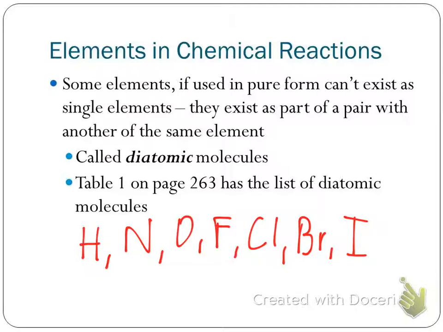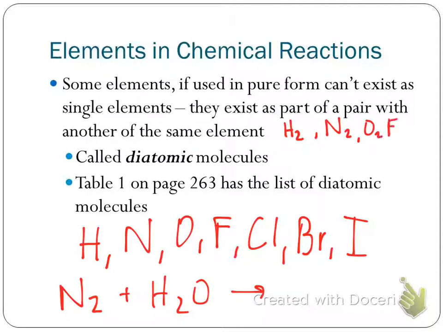If I start to write a formula and I say nitrogen combines with water, I would say N2 plus H2O yields something, right? You have to internally think about nitrogen as a diatomic, which is why it is N2. So in order for these elements to exist by themselves, they have to be H2, N2, O2, F2, Cl2, I2, right?